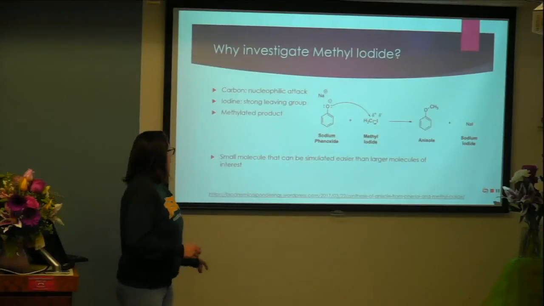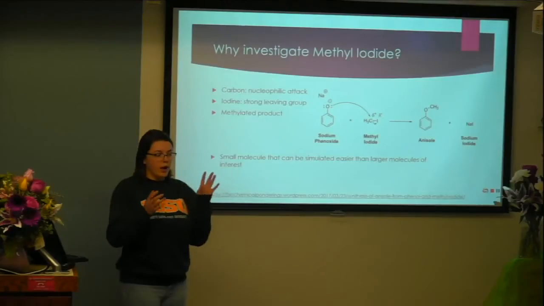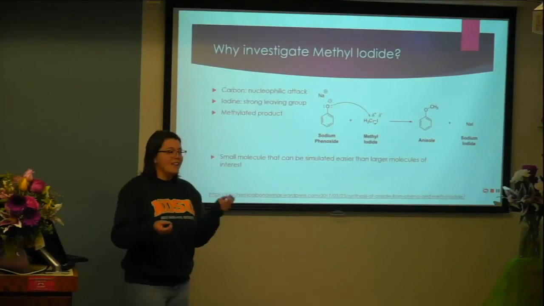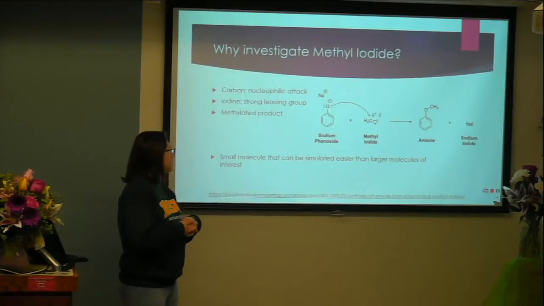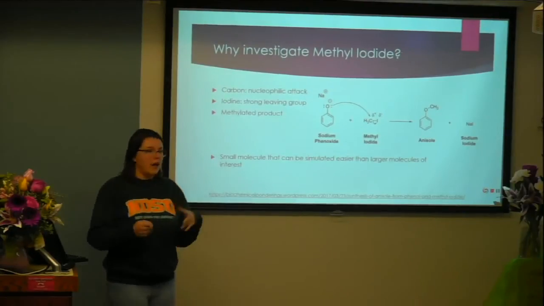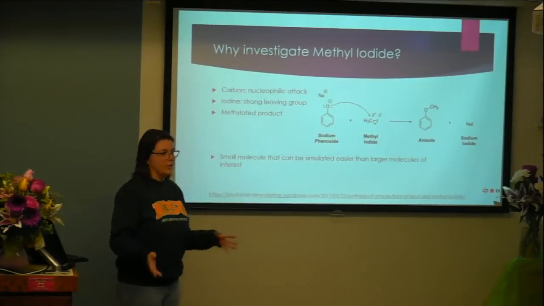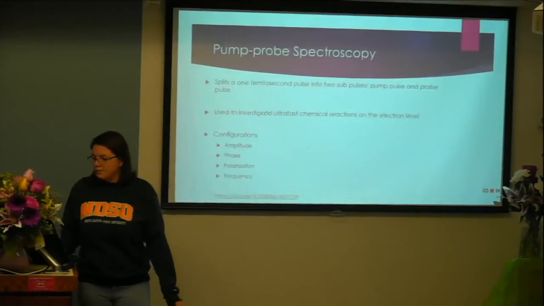It's also very small, so it's slightly easier to demonstrate in MATLAB. The products are easier to interpret than a triatomic model. Ethyl iodide would be significantly more complicated than methyl iodide. So that's part of the reason why we chose this.